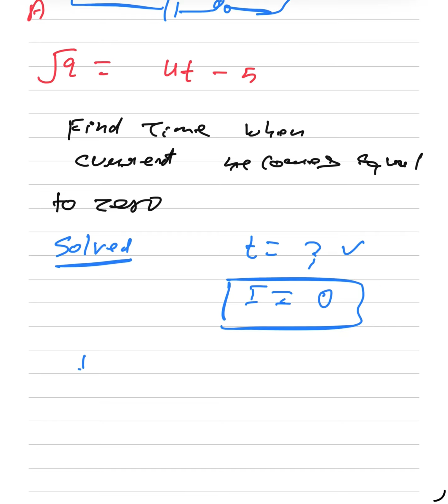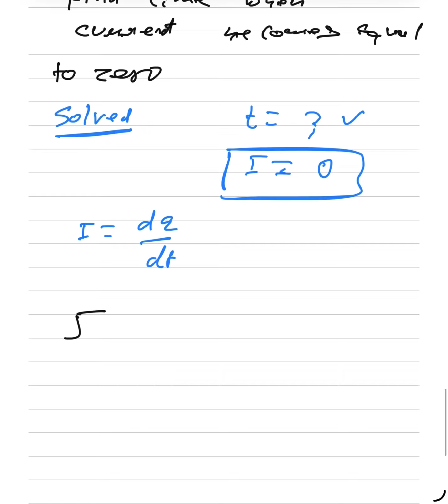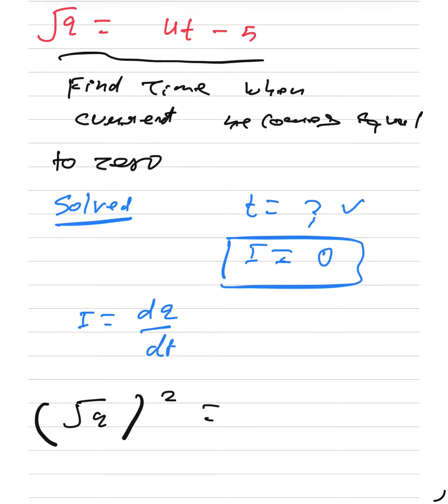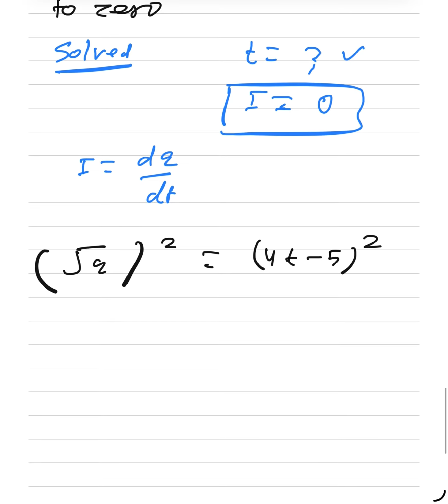From the formula of electric current, I equal to dq divided by dt, and here squaring both sides, root q square equal to 40 minus 5t whole square. Using the identity of (a minus b) whole square, q equal to 16t square plus 25, right, minus 2ab, that means 40t.